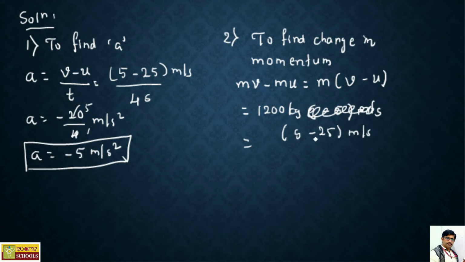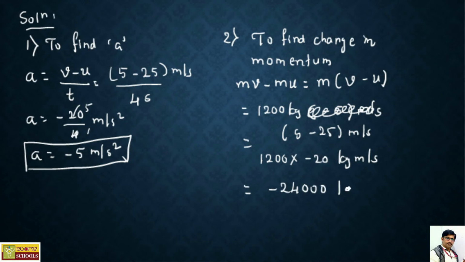Sorry, I made a mistake earlier, it is v minus u. So 5 minus 25 means 1200 into minus 20 kg meter per second, which can be written as minus 24,000 kg meter per second. This is the change in momentum of the car. So you got again the value of negative. The last part we are calculating is the force, the third parameter.